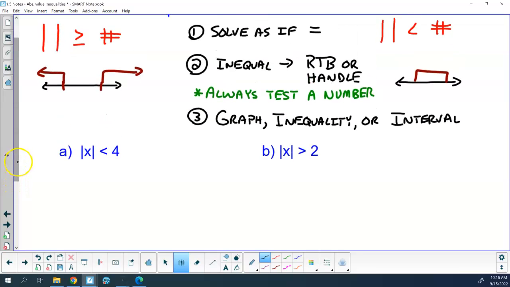So my first thought is I'm going to solve this as if it were absolute value of x equals 4. So that means that I'm going to have x equaling 4 and x equaling negative 4.